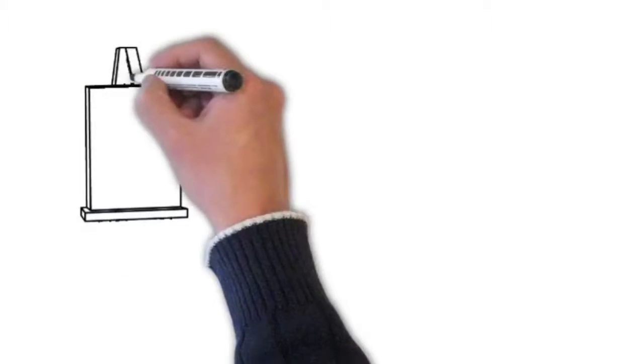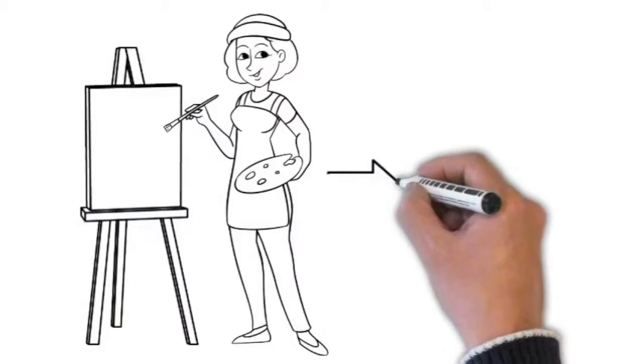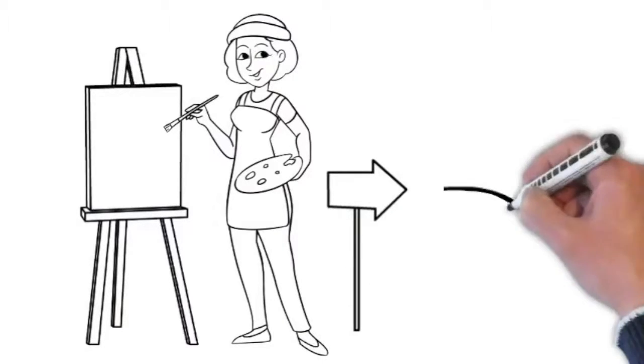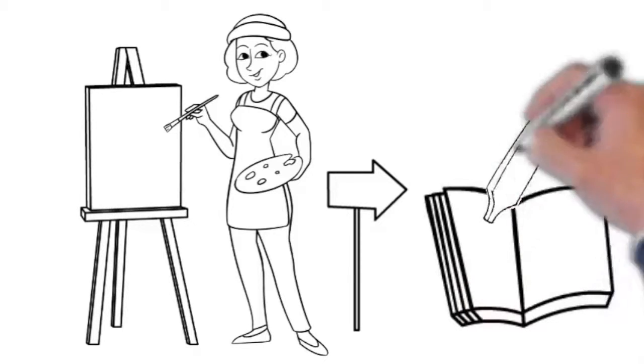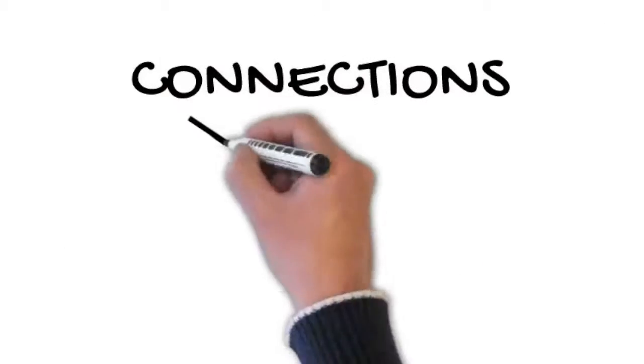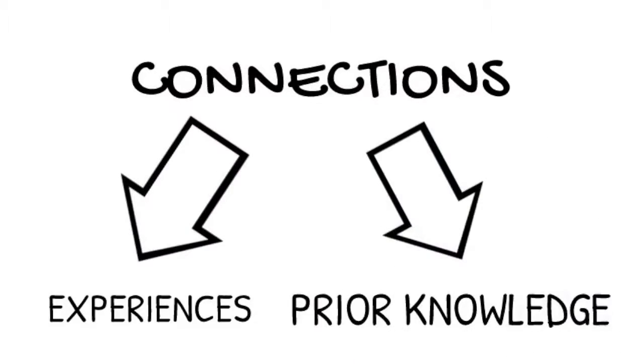Students might be assigned a piece of art by a well-known artist, then interpret that art by creating written expression of how that piece of art makes them feel and allow the formulation of inferences about what the artist was trying to say, fostering connections with students' experiences and prior knowledge.